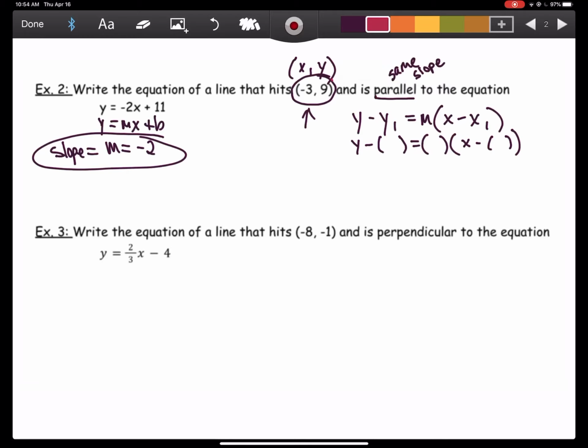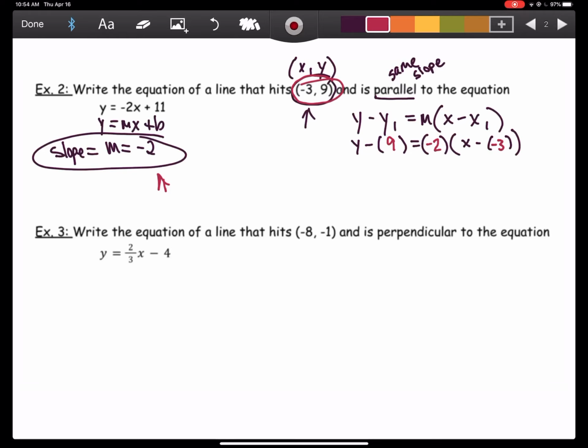So I've got my x and y are -3 for x. And my 9 is my y. So I'm going to come over here and write 9 into my y position, double check my substitutions, and then I'm going to jump over here and pull that m and substitute that into my m position.